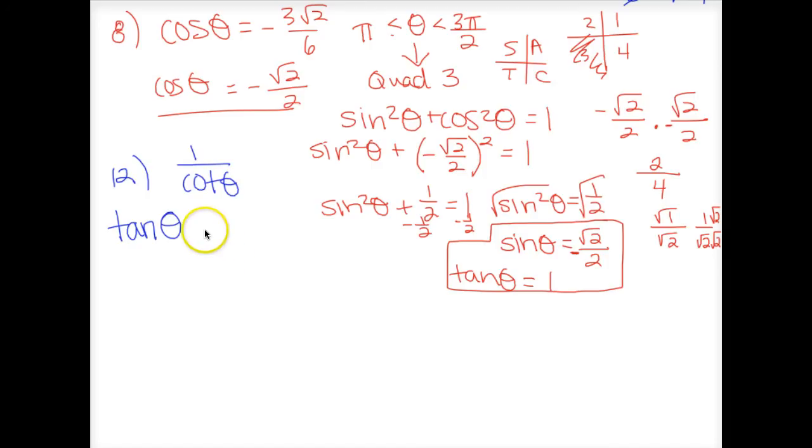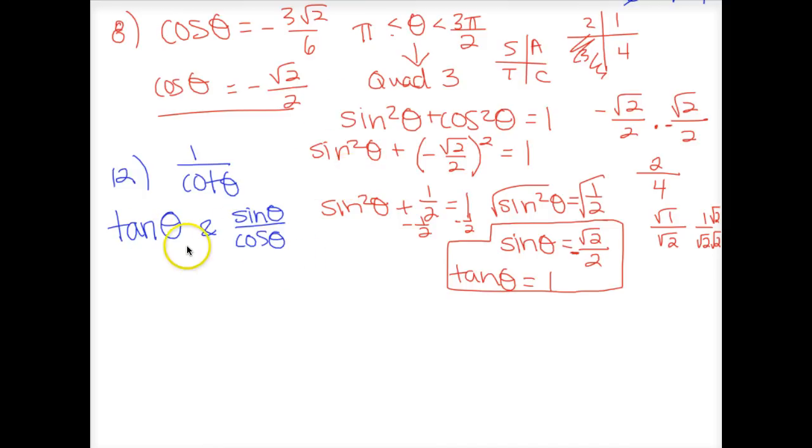So tangent of theta is one of your answers. The other answer is the fact that we know that the tangent of theta, because it's y over x, is going to be sine theta divided by cosine theta. Again, it's this fact that we used to find tangent here and in our other problems.